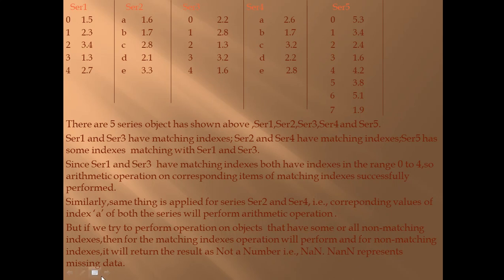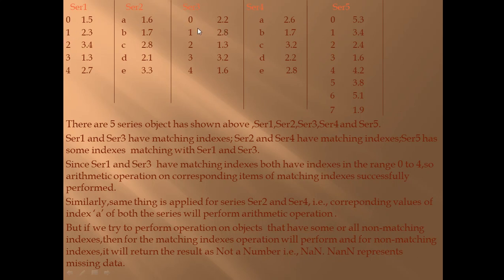NaN represents the missing data. For example, series 1 and series 3 matching indexes 0 to 4 will be operated with series 5 indexes 0 to 4. But for indexes 5, 6, 7 of the series, the value will come as NaN. Clear?